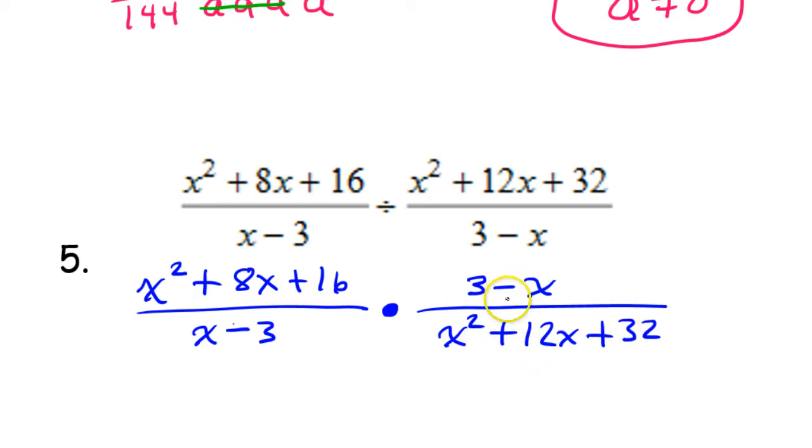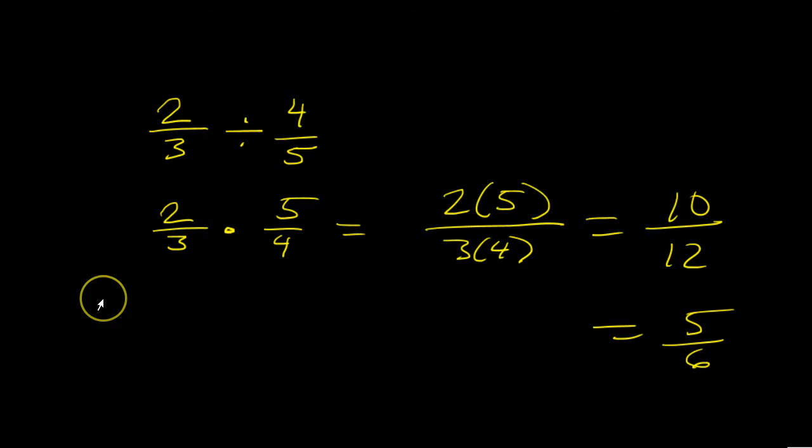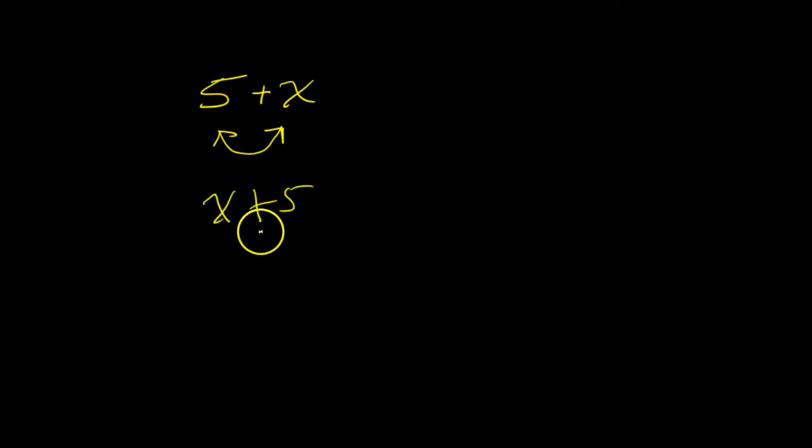Now let's deal with this 3 minus x business. When you have terms that are backwards, meaning a binomial that's not in standard form, for example say I have 5 minus x. Well, first of all, what if I had 5 plus x? Well, if I had 5 plus x, I could just switch these around and write x plus 5. Those are equivalent.